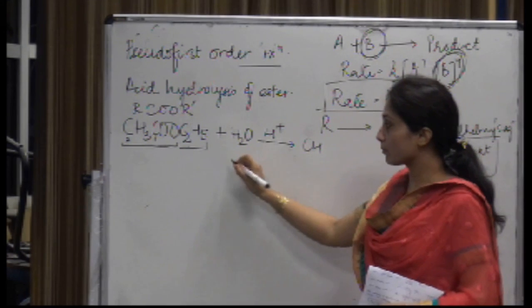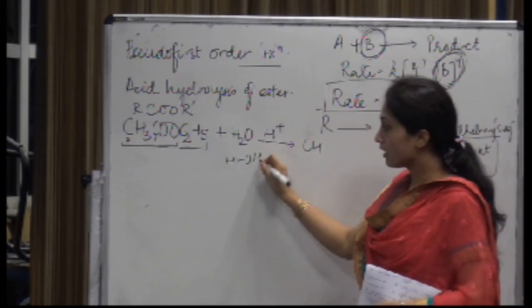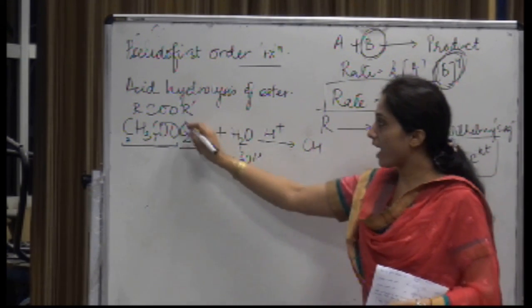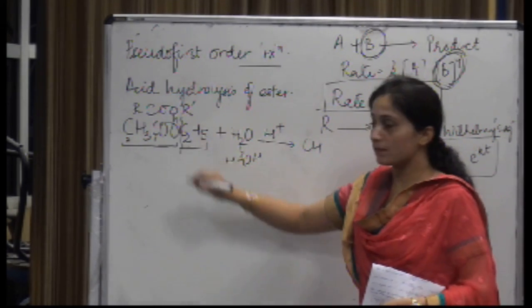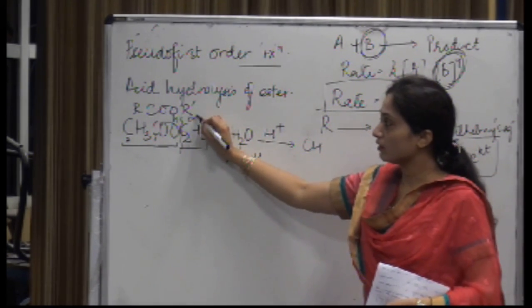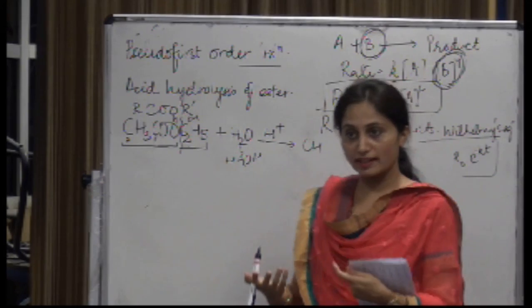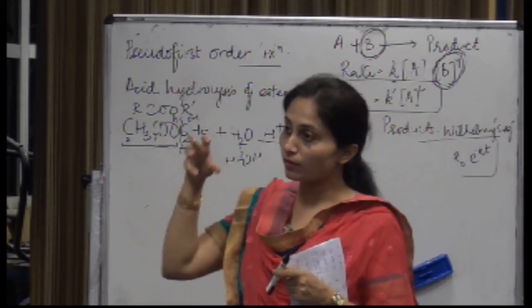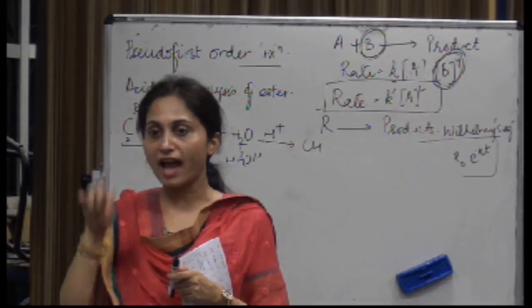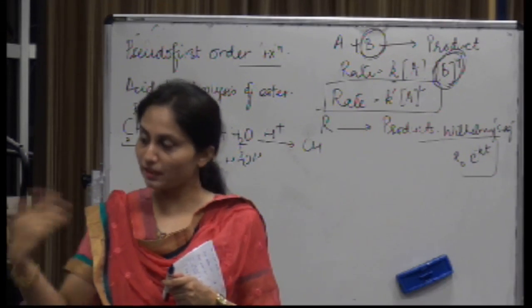Now water is getting broken up, so you have lysis of water, so you have H getting added here and OH coming here, because later on when you do organic chemistry, you will be doing the preparation of acid from ester. So then also this reaction will be useful.